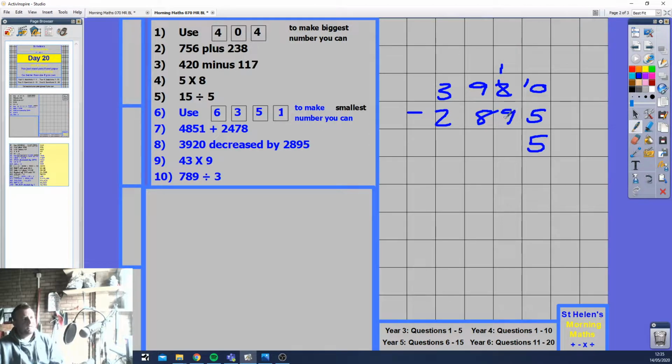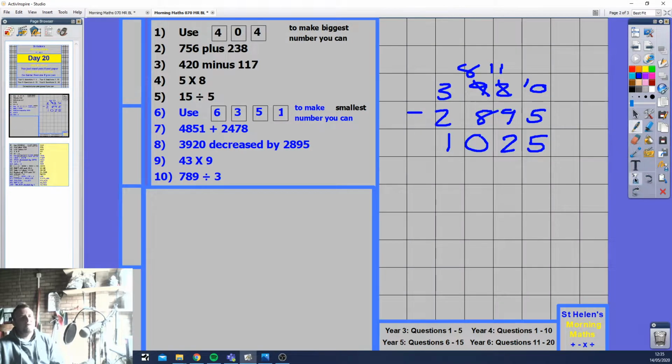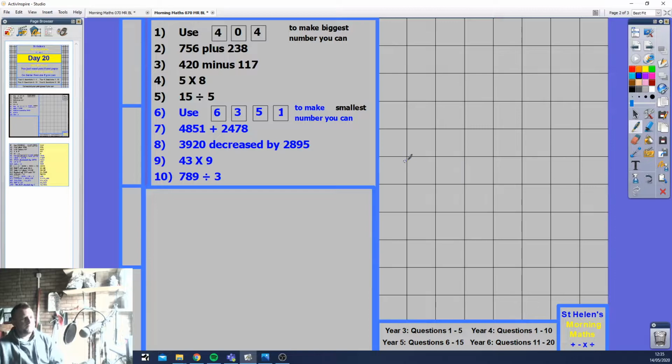Can we do 1 minus 9? No, we cannot. So we have to borrow from this one over here. That 9 becomes 8, and this becomes 11. 11 minus 9 is 2. 8 minus 8 is 0. And this is nice and simple right at the end. 1025. Just let me check. Yep, absolutely fine. And move on to the next question.